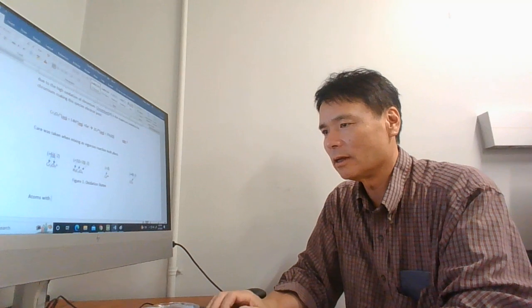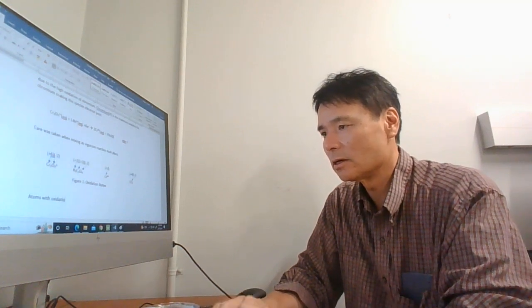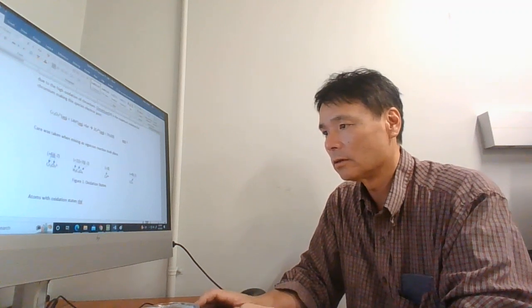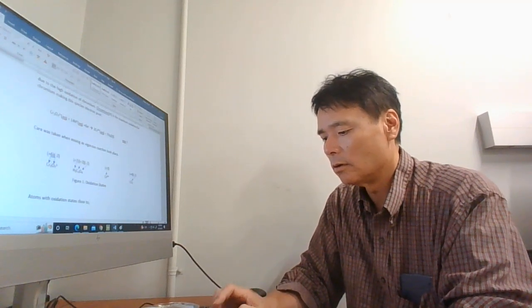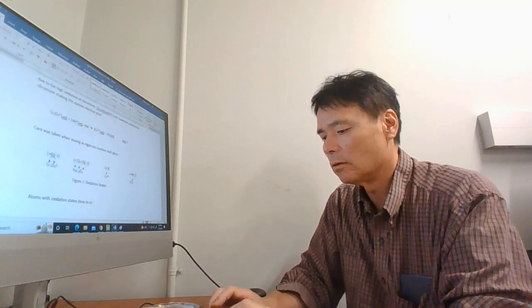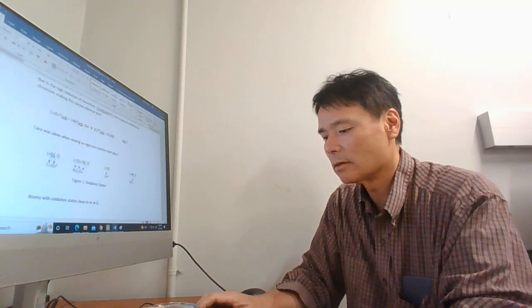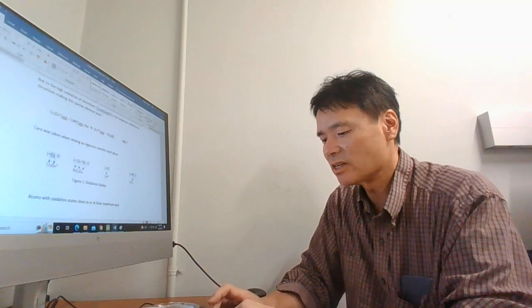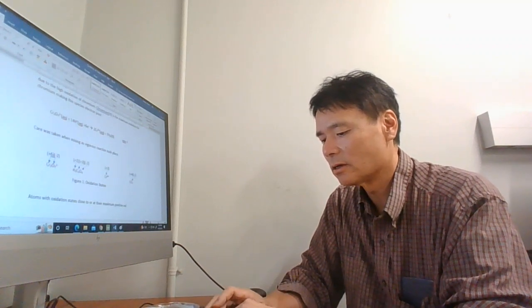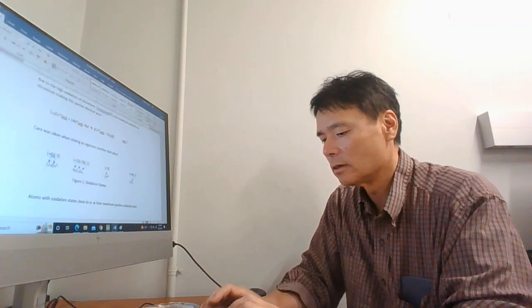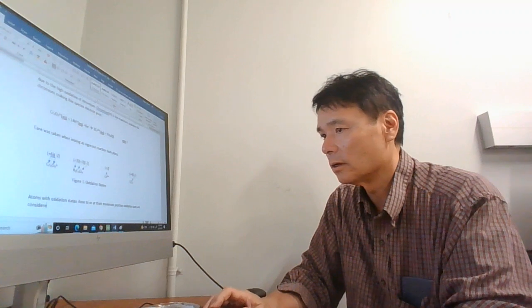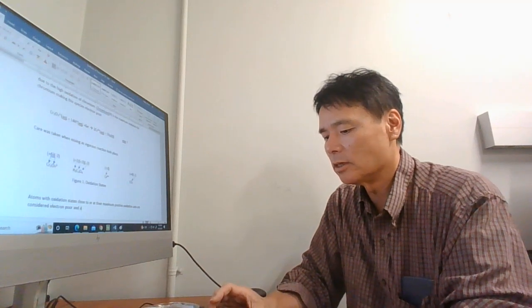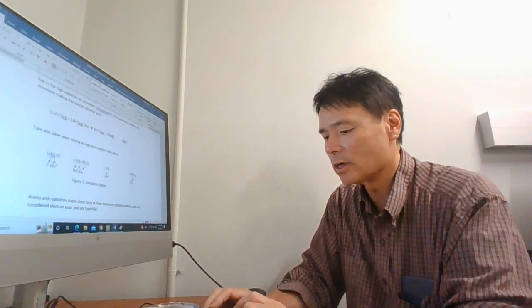So atoms with oxidation states close to or at their maximum positive oxidation state are considered electron poor and are typically oxidizers.